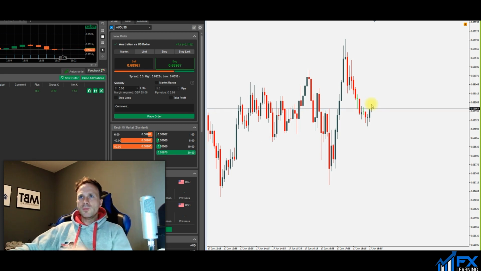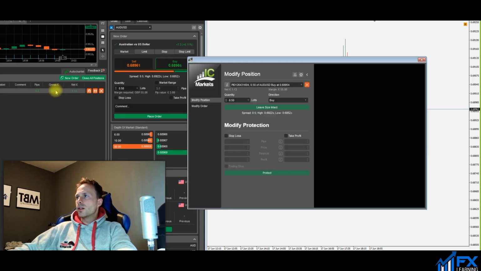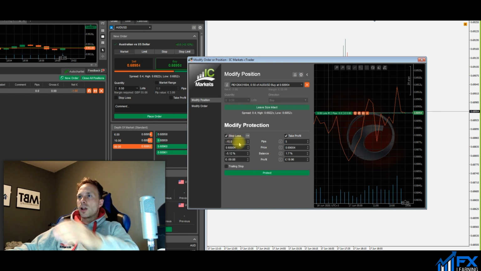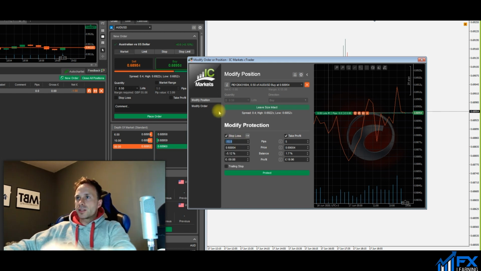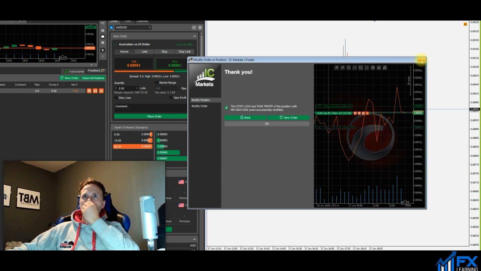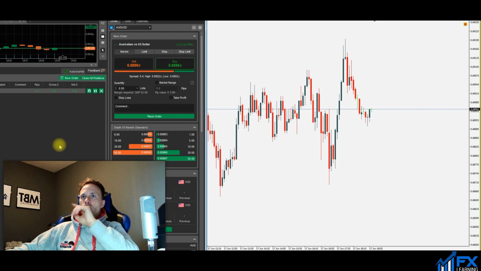So we've got a nice little buy. I'm just going to move my stop here. We're going to go for a take profit of 5 pips with this trade. And I'm just going to set a stop loss as well, a minus 10 pip stop loss. There we go. This trade should come nicely.